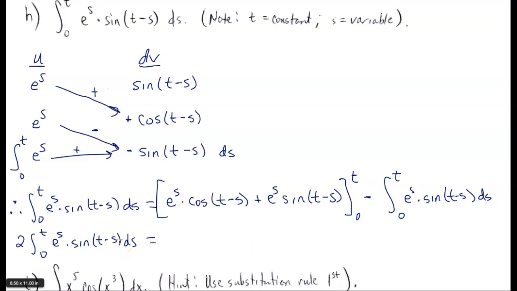And so, of course, from here, what I have left is this antiderivative, but of course I've got to evaluate it from 0 to t. And so I'm going to go ahead and take care of that now.